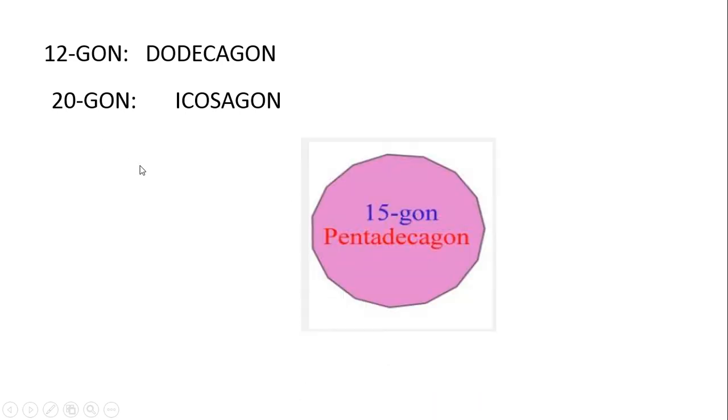Don't worry about the name so much, but remember the number of sides names the figure. Here's one I found out, the 15gon, the pentadecagon. Look at that. As the number of sides increases, it definitely looks more and more circular.